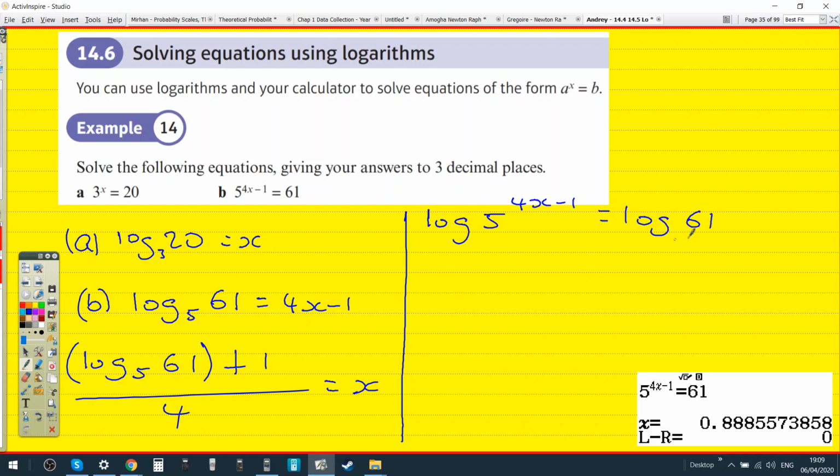So you're doing the same thing to both sides, which is kind of what you're used to doing with equations. Log rules, the power can be multiplied by the log. So that's 4x minus 1 times log 5 equals log 61. How would you solve that?